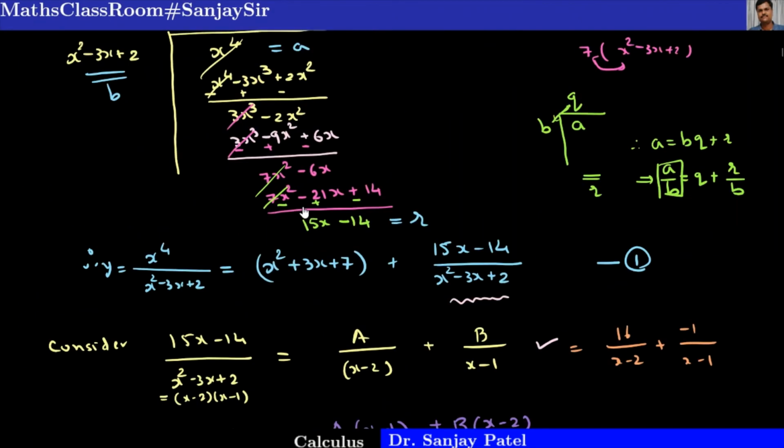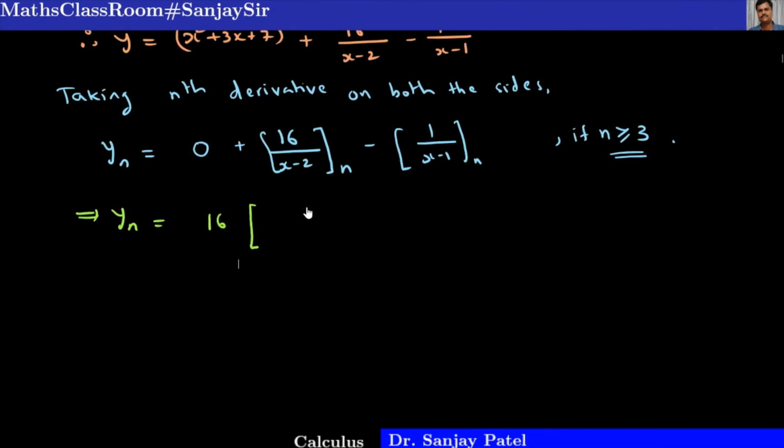So using this formula, we can simply write down the derivative of this term, that is minus 1 raised to n into n factorial into a raised to n. A is equal to 1, so I am not writing it, upon ax plus b, that is x minus 2 raised to n plus 1.